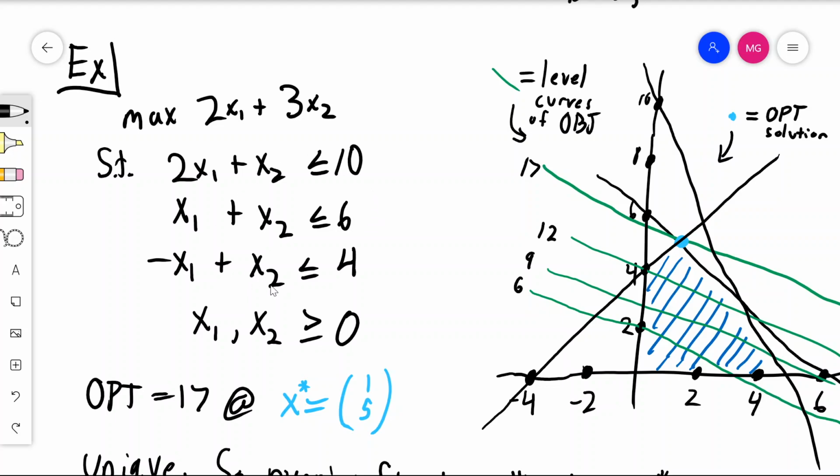So in a complete sense, these are all less than or equal to constraints, and geometrically that's just an intersection of half spaces. And so the feasible region is the intersection of all those half spaces. On the right-hand side, that's this blue area that we've outlined in blue, that is the feasible region for this linear program. I'll talk about what these green lines are in just a moment.